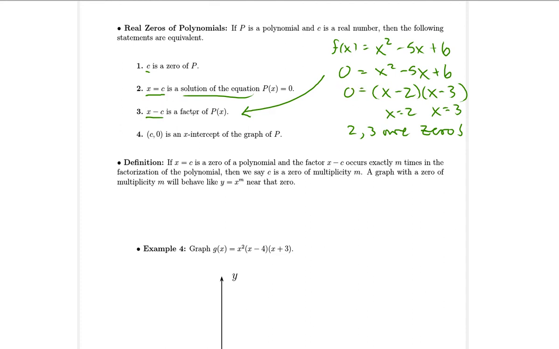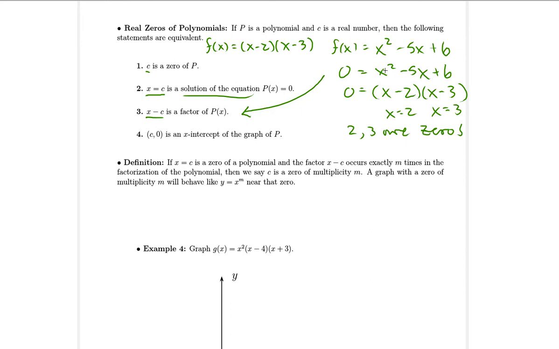It also means that x minus c, so in this case x minus 2 and x minus 3, are factors of the polynomial. So in other words, if I would have started with the polynomial looking like this, then that would have been the same as what I wrote out here, right? So they're factors of the polynomial. And then of course we know this fourth one, when you find those zeros, you're really finding the x-intercepts.